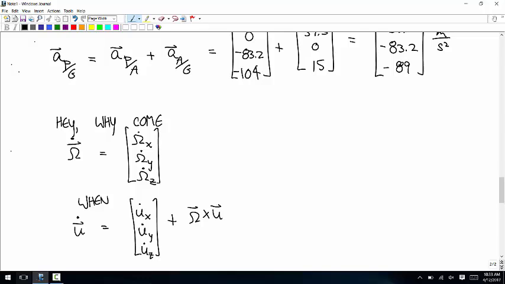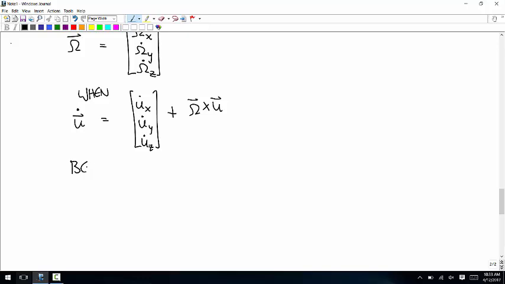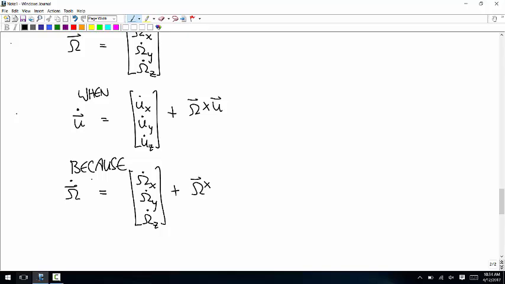What's the deal with that? Because, yes, capital Omega dot, if you wrote it out fully, so there's no contradiction. You can think of capital Omega dot as equal to the components dot plus this crossed with the original vector, but a vector crossed with itself is 0.